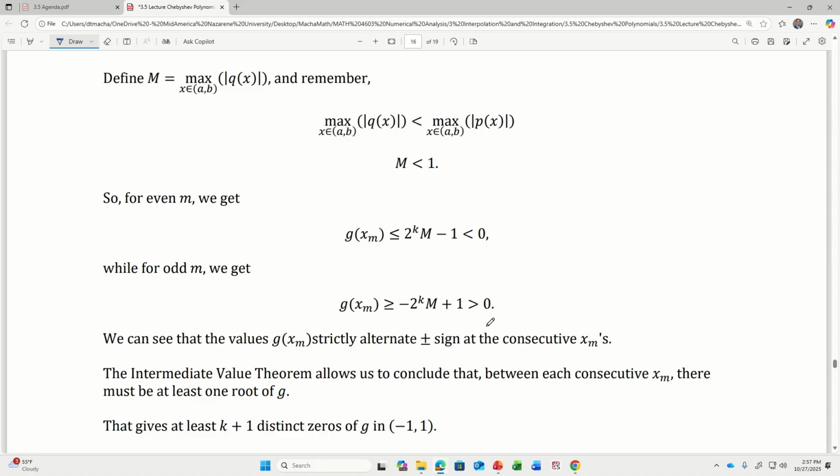I realize I have 2 minutes left in lecture, so I'm going to quickly gloss over this. Capital M is going to be the maximum of that Q function. Remember that maximum is supposed to be less than the max of P. The max of P is going to be 1. No, sorry, that's a typo.